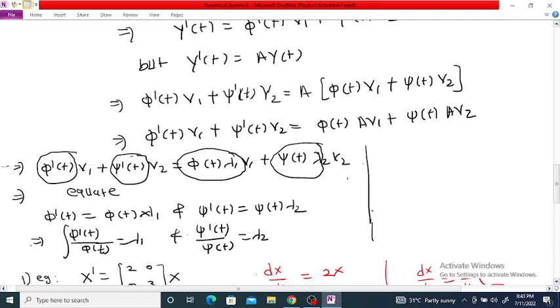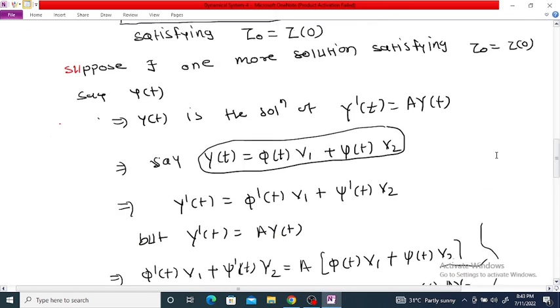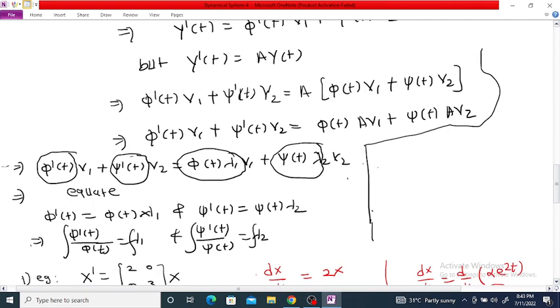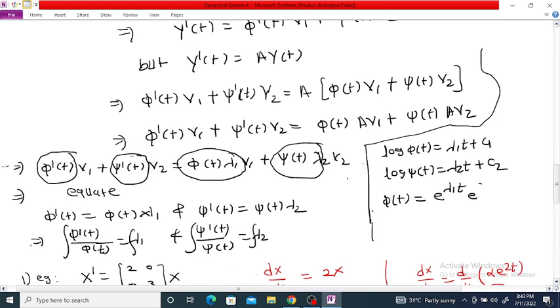Now since it is variable separable, if we integrate on both sides, we get log phi of t is equal to lambda 1 t plus say c1, and log psi of t is equal to lambda 2 t plus c2. Now e and log are inverses of each other, so phi of t is equal to e raised to lambda 1 t e raised to c1, and psi of t is equal to e raised to lambda 2 t e raised to c2.